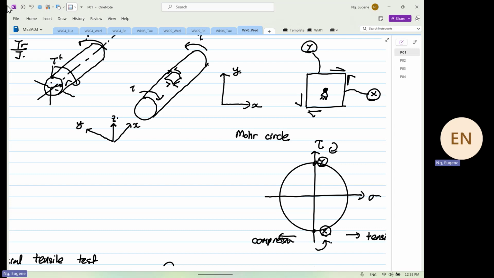The fracture surface now is exactly the same as how I draw this line. So from point X, this is our surface X. It will rotate what? Clockwise by how many degrees? 45 degrees. Are we clear? So this is the first test that we have done.